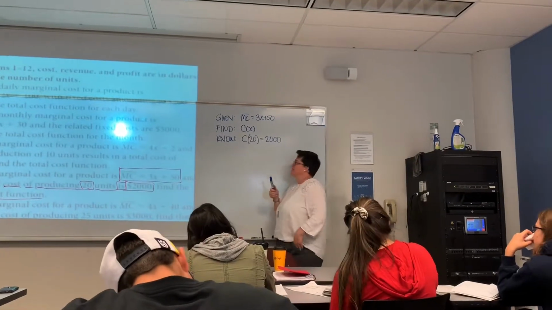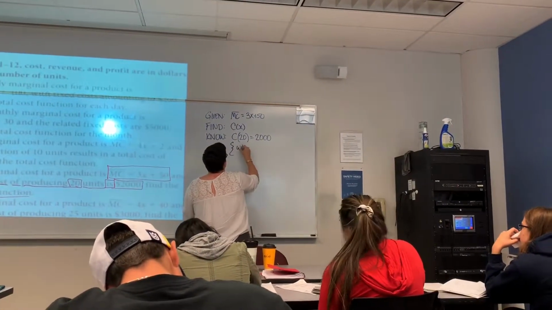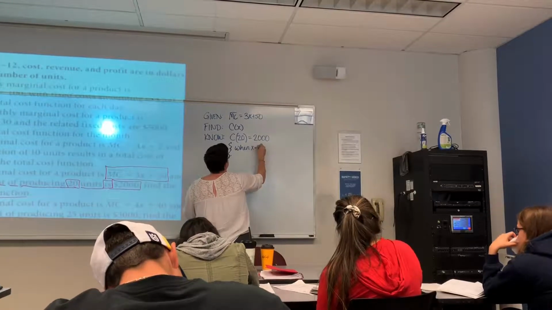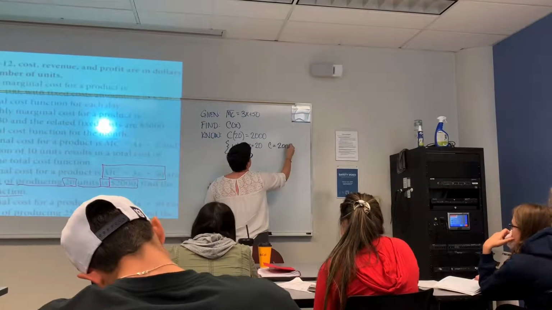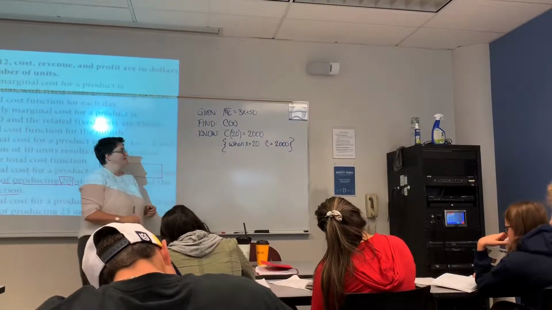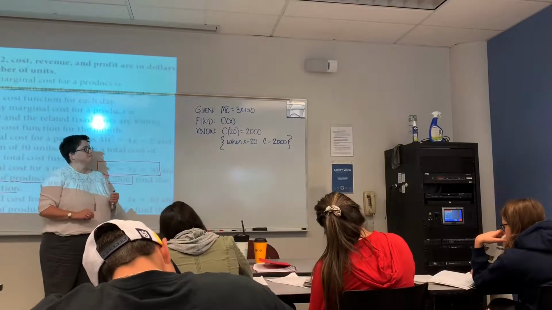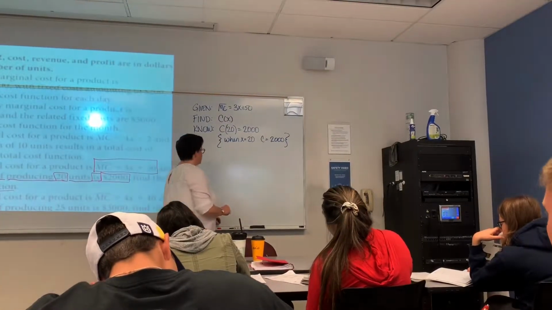So what's my X value in this? Yeah, so when X equals 20, cost equals what? 2,000. That's my nugget, guys. So we're going to use that when we integrate. You ready? Yeah. So how do I set it up?